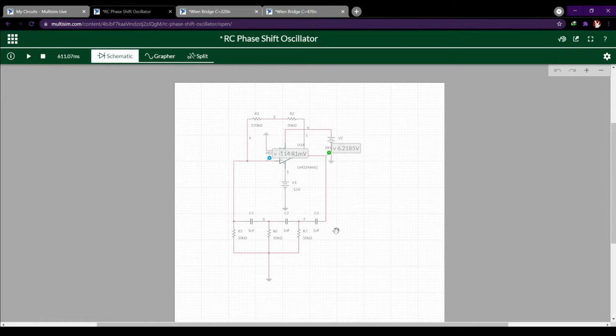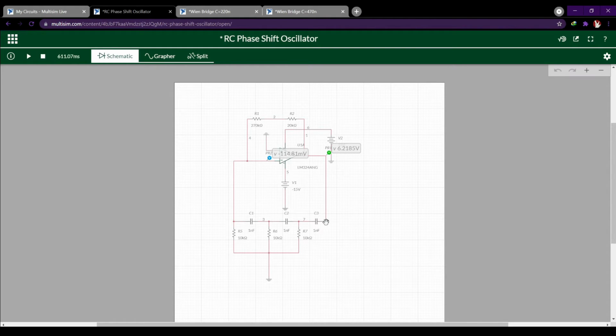For the other 180 we will use the phase shift circuit. Each capacitor and resistor will provide 60 degrees of phase shift, so we have 3 to get 180. After it reaches here, the output will be 180.